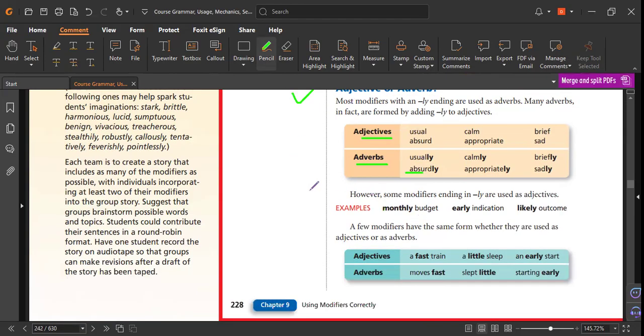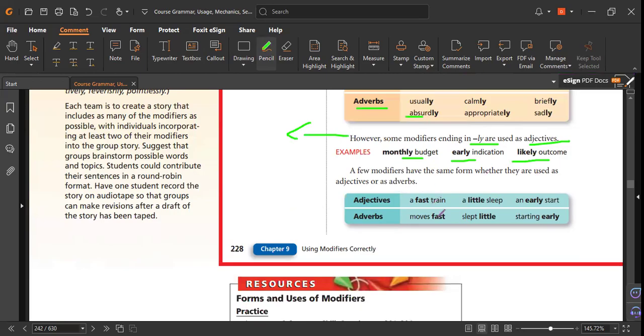But we have nouns that end in ly but are adjectives, like monthly budget, early. See it? But early can function as an adverb, yes. That means we have exceptions in English. And the test maker will focus on exceptions.